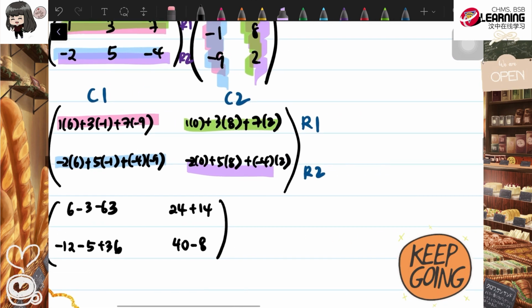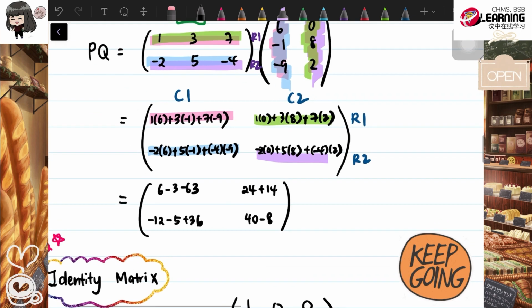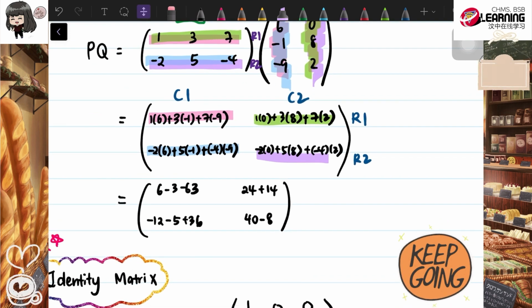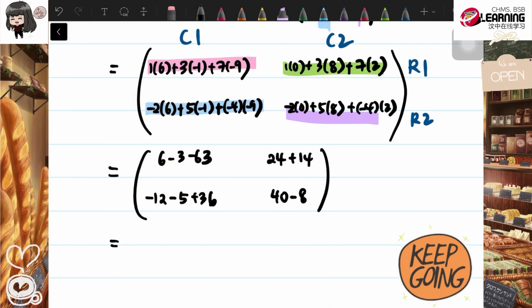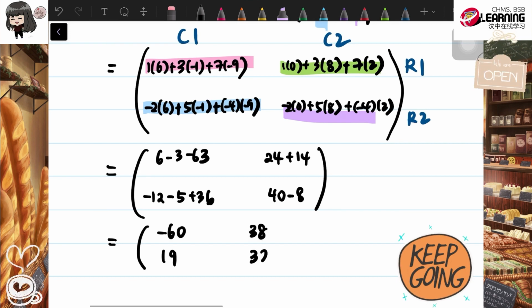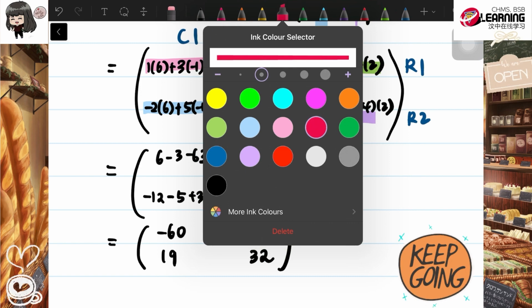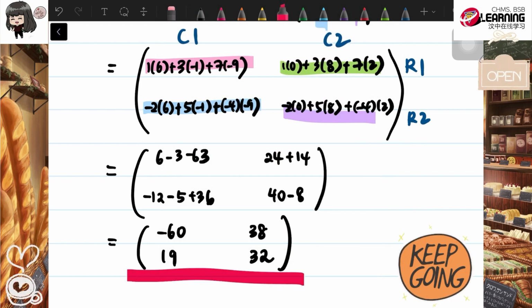And my answer will be negative 60, 19, 38, and 32. So that's my answer for matrix P times matrix Q.